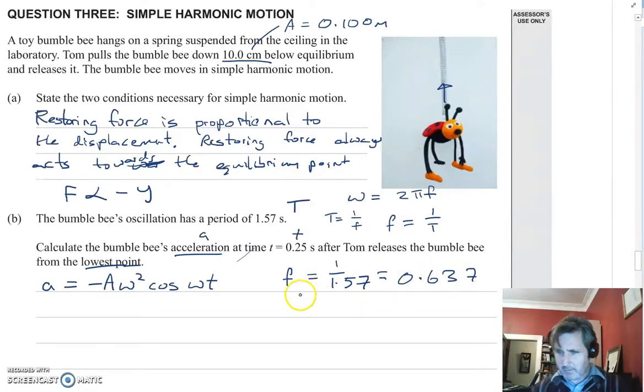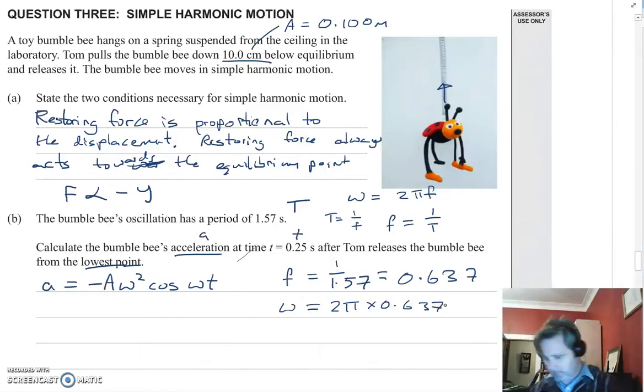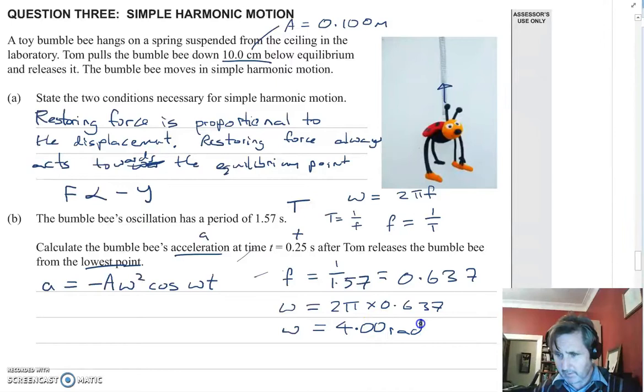And then I can go, well, omega equals 2 pi times whatever that answer was I just got, 0.637. So multiply by 2 and multiply by pi equals 4.00. So angular frequency is 4.00 radians per second.